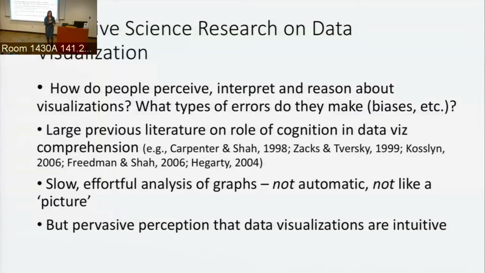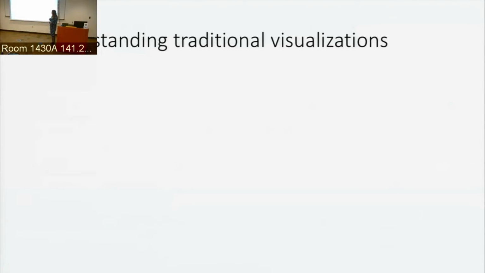Of course, that is a goal that many people have, but it is very difficult to get to that point. Most graphs are actually very difficult for people. It requires slow sequential processing where you don't just look at a graph and understand it as a picture. You have to break it down into little pieces and figure out which legends correspond to which data points. It can take a long time, essentially.